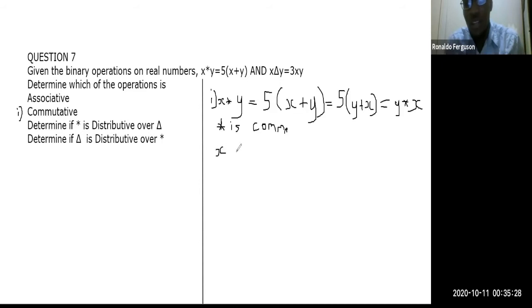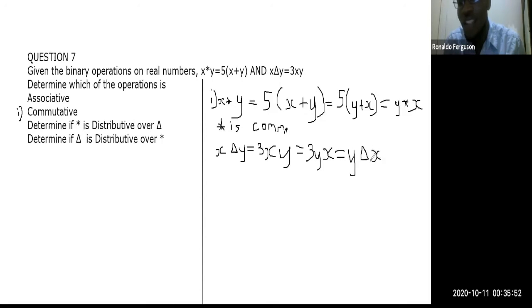We have x delta y, and that's equal to 3xy. But we can write 3xy as 3yx, and 3yx would then be equal to y delta x.